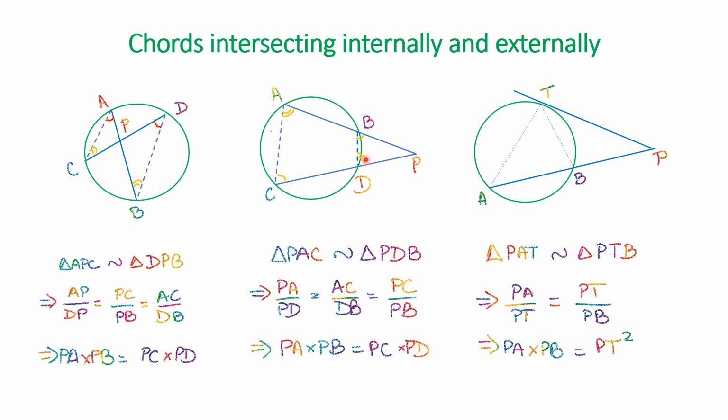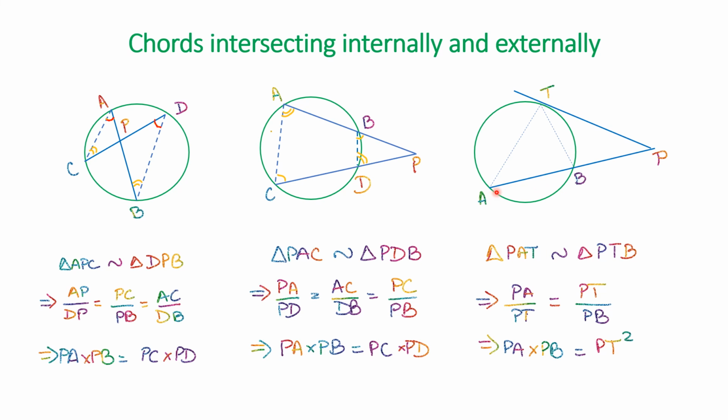So angle A is equal to angle D, that is angle BDP, and this angle is equal to the interior opposite angle over here. So again we are getting triangle PAC similar to triangle PDB. When I write down the ratios, again I get PA into PB is equal to PC into PD. I will explain that later on again.